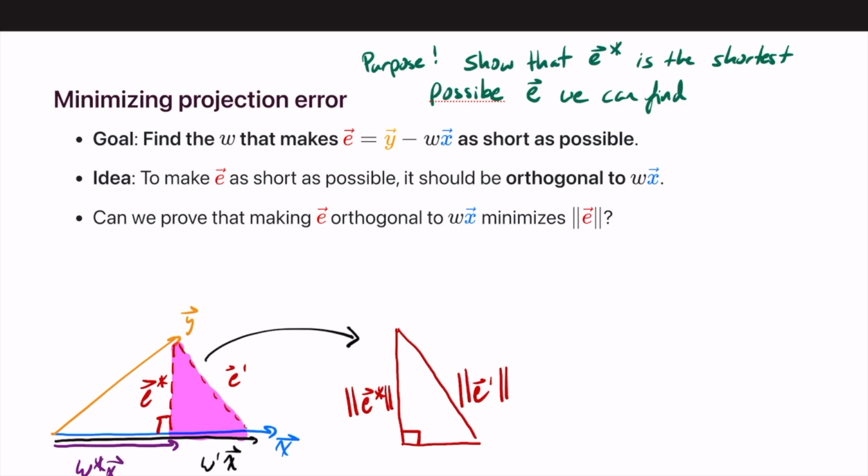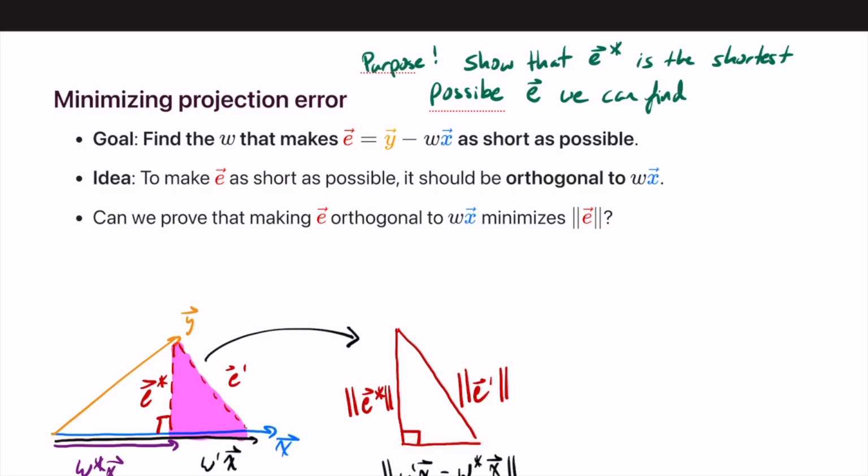Let's do that one in black. So this is going to be W prime X minus W star X. W is just a scalar, and X is the vector. And that will give us the length of this side.